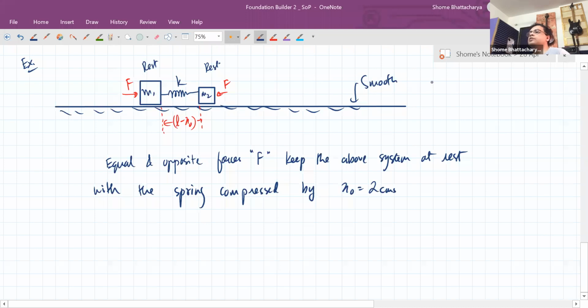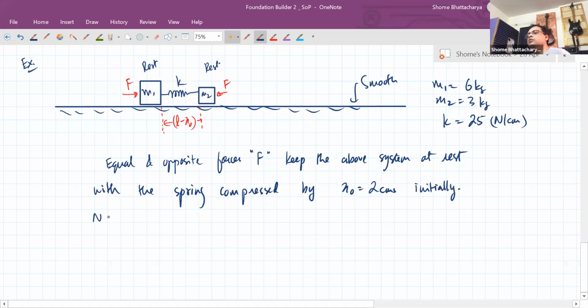Also given that m1 is, let's make m1 the larger one, so m1 is 6 kilograms and m2 is equal to 3 kilograms. And the spring constant is 25 newtons per centimeter. So this is the initial state. Equal and opposite forces keep the above system at rest with the spring compressed by this much initially.